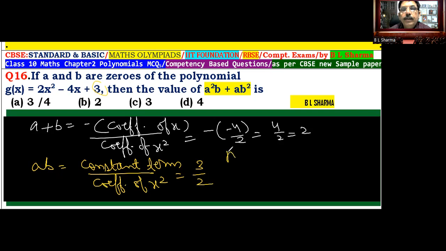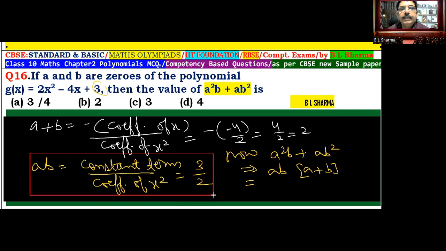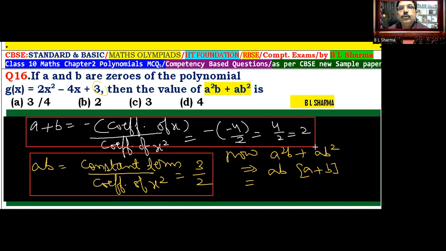Now we come to our question, that is a square b plus ab square. We can take ab common and put a plus b. The product of zeros, a and b, is given by 3 by 2 and the sum of zeros is given by 2. So you replace these values.